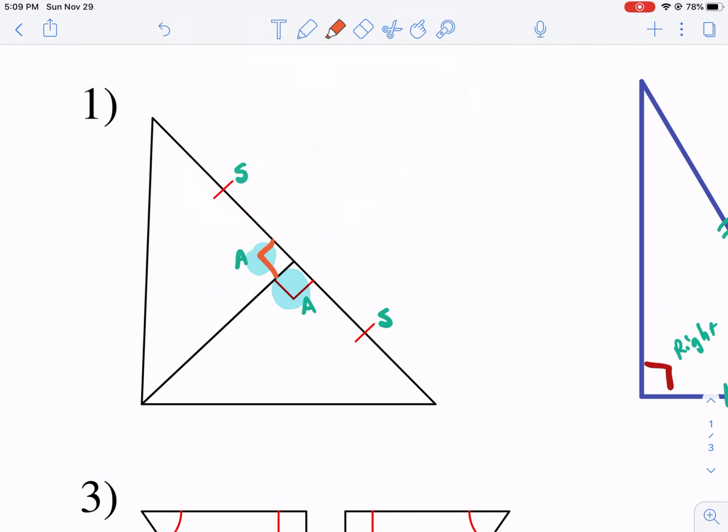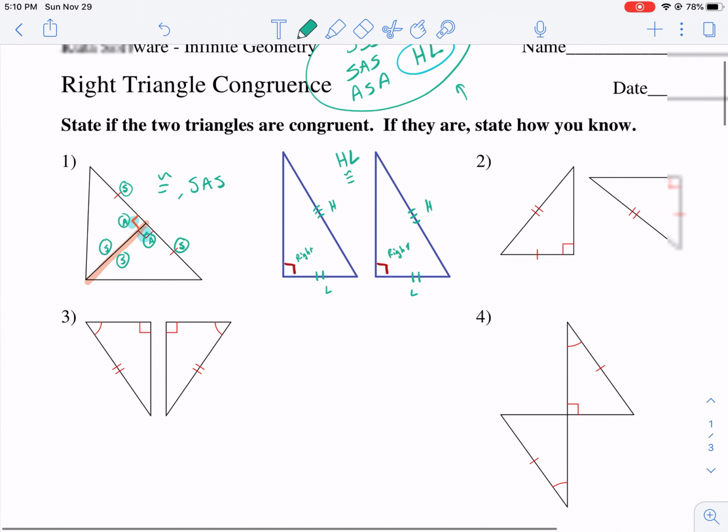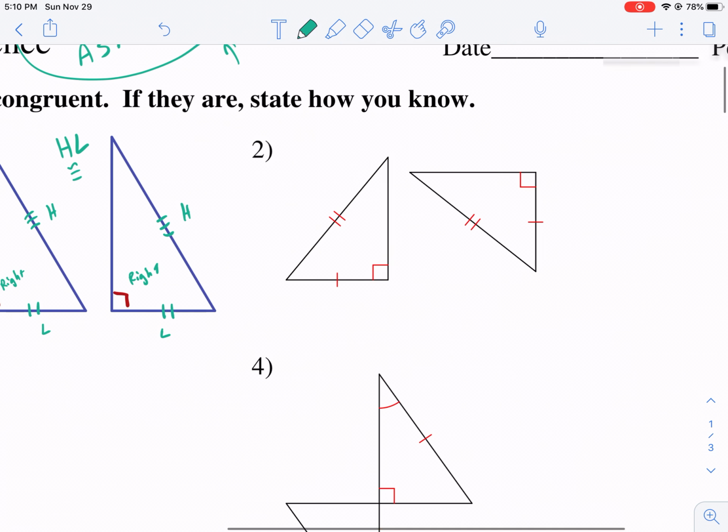So hypotenuse leg is actually out, but notice this, we have the reflexive property leading us to a third measurement, which is another side. So here we have side, angle, side. This is congruent because of side, angle, side. Okay, so now we got the basics down. Let's move on to number 2.